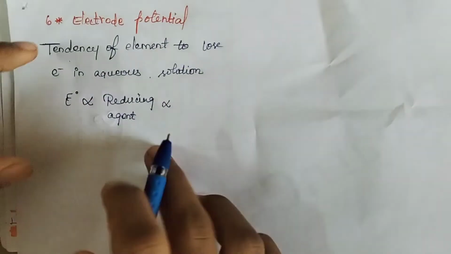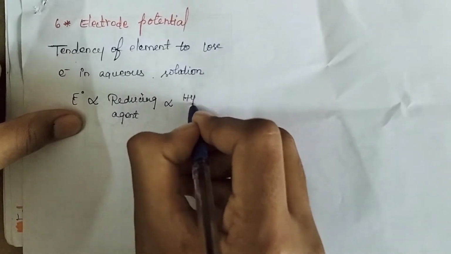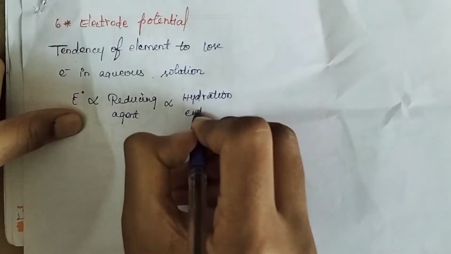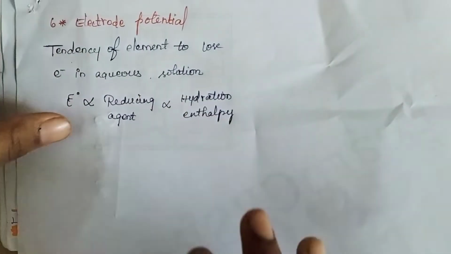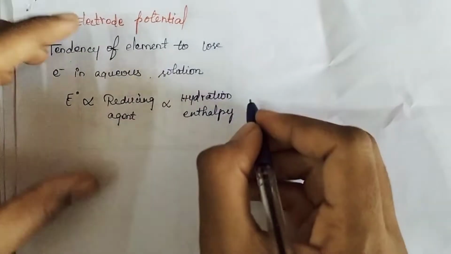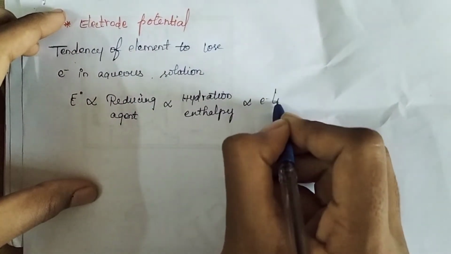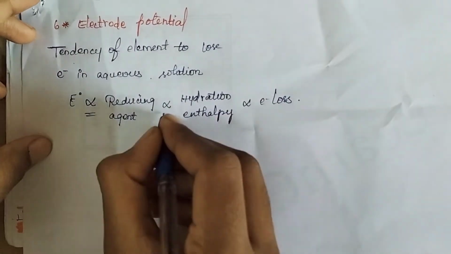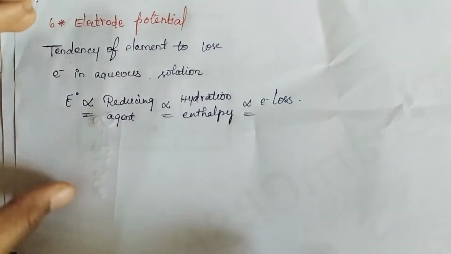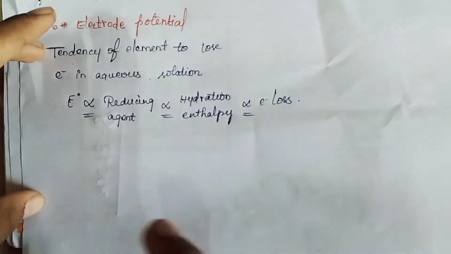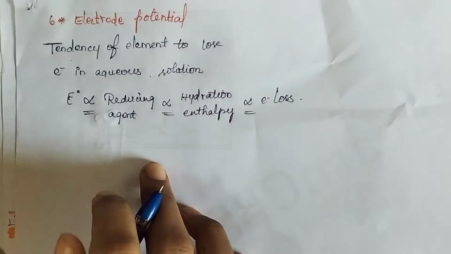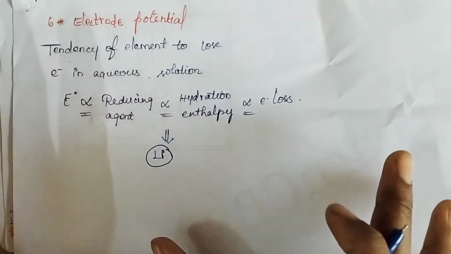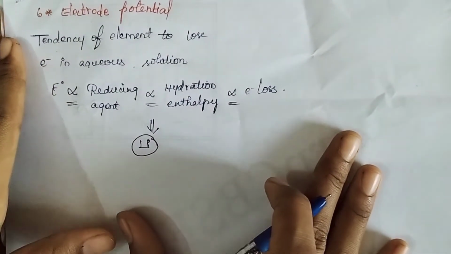Hydration enthalpy is also directly proportional, and the other one is loss of electrons. So we can relate this with the proportionality sign. All these points favor lithium, and are unfavorable with cesium. Clear?